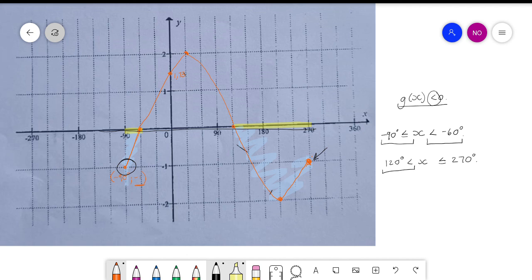Ja. Ek kan net sê x is groter of gelyk aan minus 90 en kleiner of gelyk aan 170, maar dit is nie gelyk aan minus 60 tot Nee. 120. So, wag gou, ek wil net gou, het jy dit gedoen? Don't write this down.